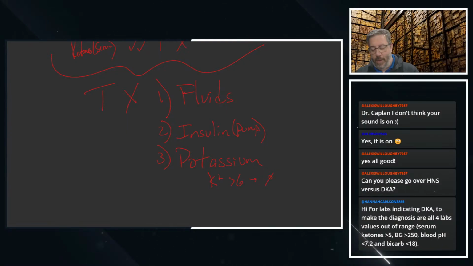As you go down the next level, K is less than 5, I think it was 5.6 or something like that, then you give 10. The next level down, you just give 20 milliequivalents. And if they have very, very low potassium, you may want to hold off on that insulin depending on how low it goes. So that's the third treatment for hyperosmolar and DKA: watching out for the potassium.